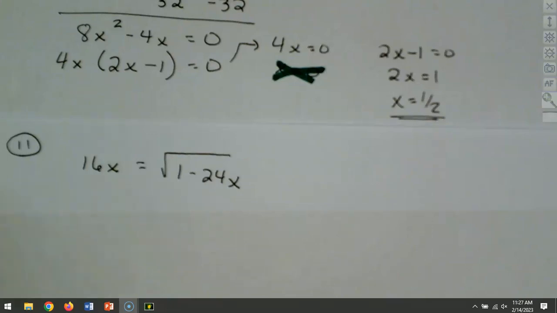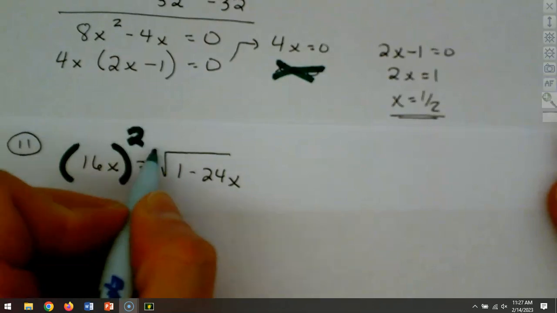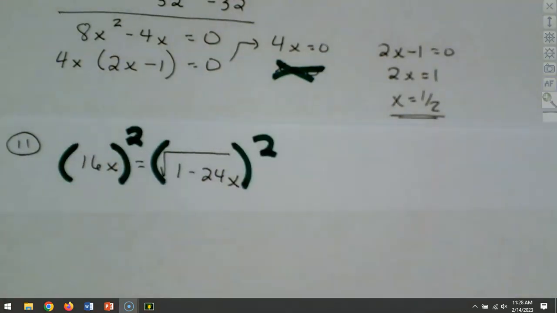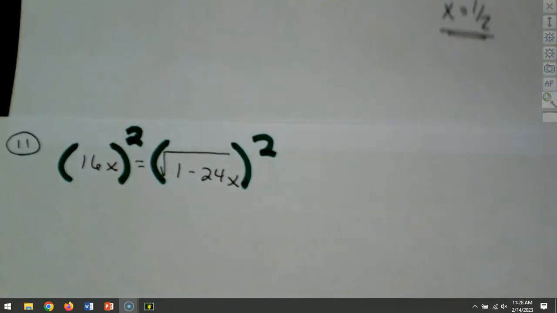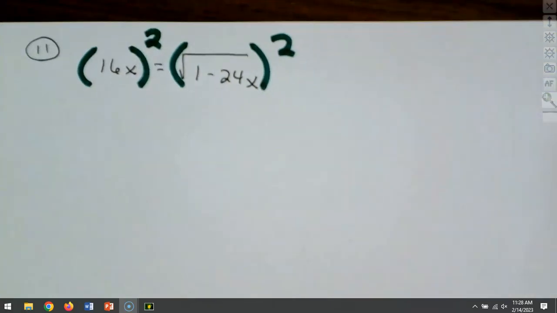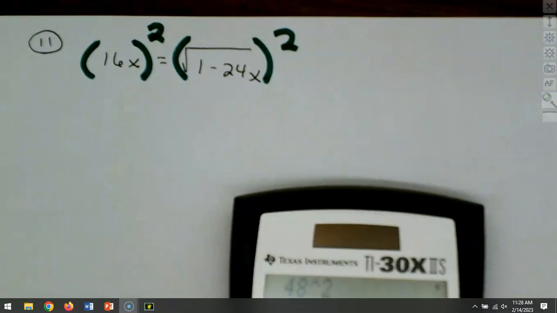Well, when I square both sides, we also have to square that 16. So we're going to have to square both sides. And why are we doing that? We are doing that to get rid of the square root. So we've got to make sure that we get rid of the square root there. 16 squared, if we need to, we can use a calculator.